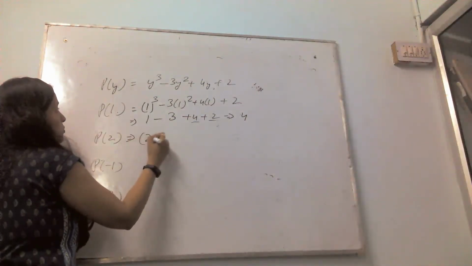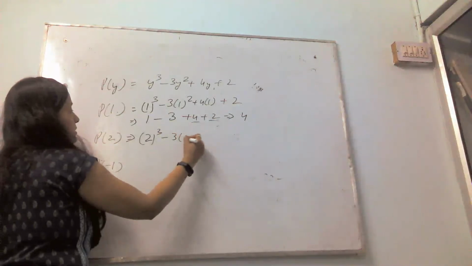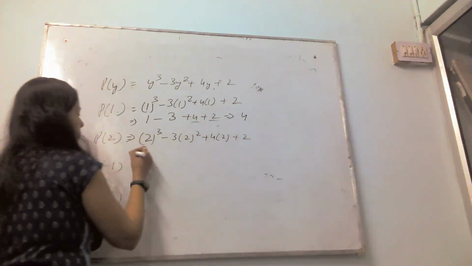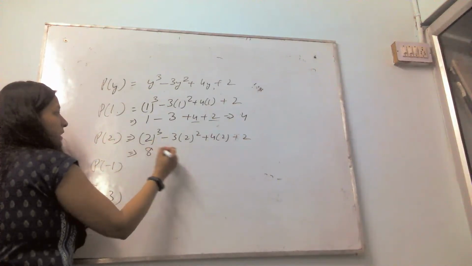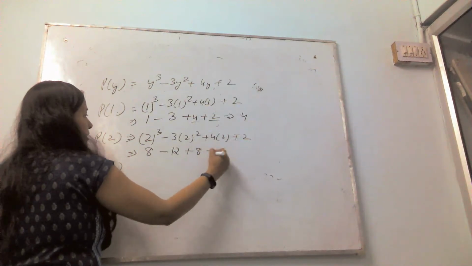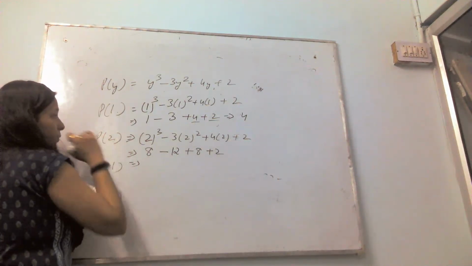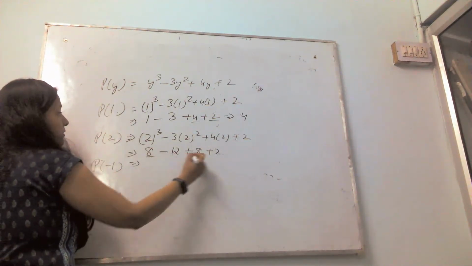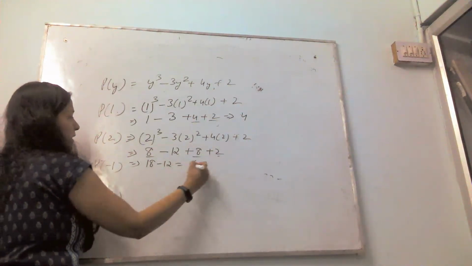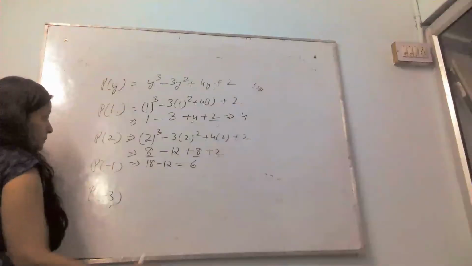Now p(2): 2 to the power 3 is 8, minus 3 times 2 square, that is 4 times 3 is 12, plus 4 times 2 is 8, plus 2. 8 plus 8 is 16, plus 2 is 18, minus 12. That is 6.